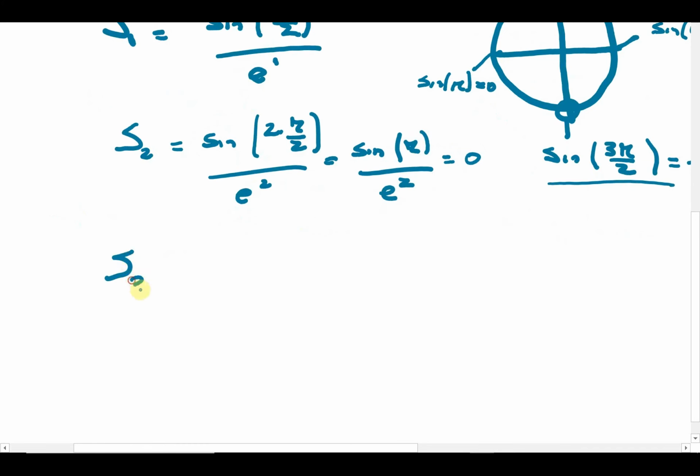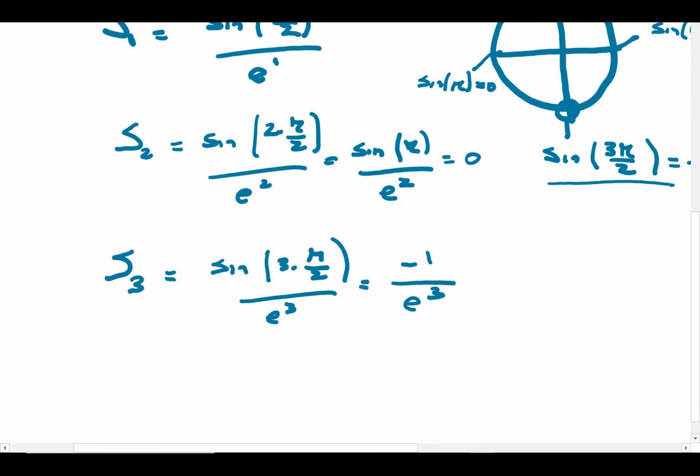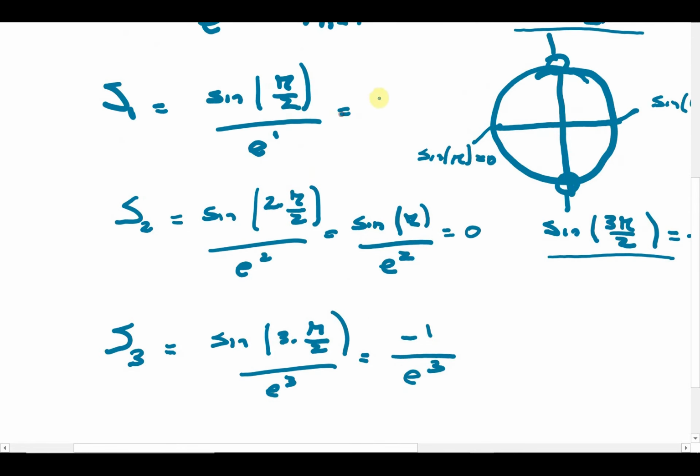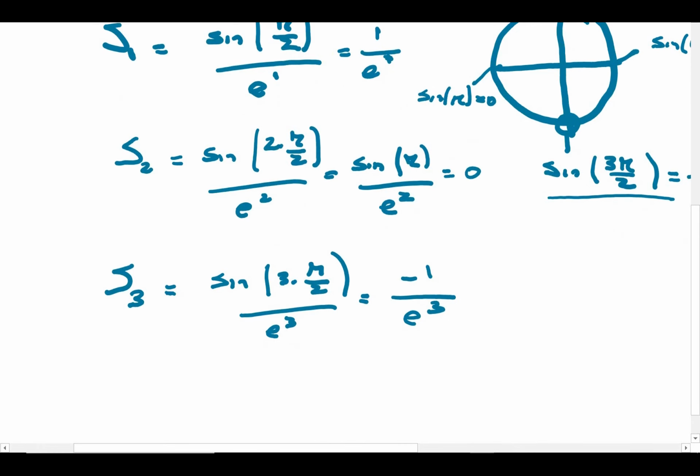So s3 is going to be sine(3 times pi over 2) over e3, which equals sine(3 pi over 2), which is -1, over e3. We forgot to mention 1 over e for s1. Notice how this corresponds to the index, and it oscillates between -1 and 1.